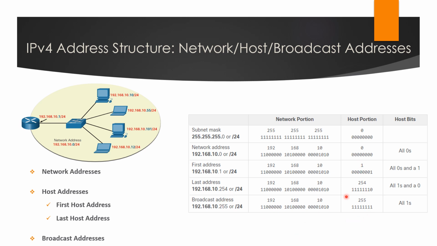And we say that the broadcast address at the host portion, all the bits will be 1. And it will be .255. A broadcast address, remember this, cannot be assigned to any device.